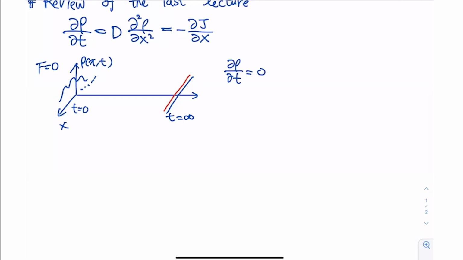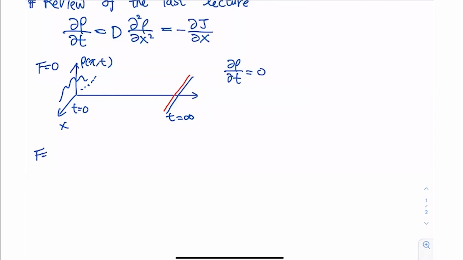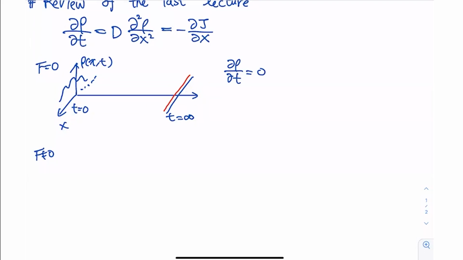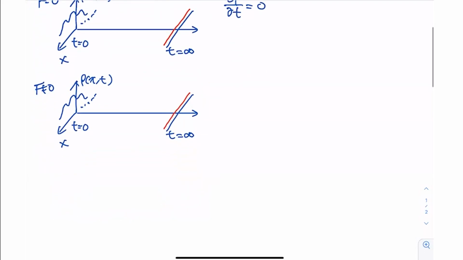We also considered the case where our system has some kind of external force. Then we asked the same question: how does the density profile evolve as a function of time, but this time with the influence of the external force.